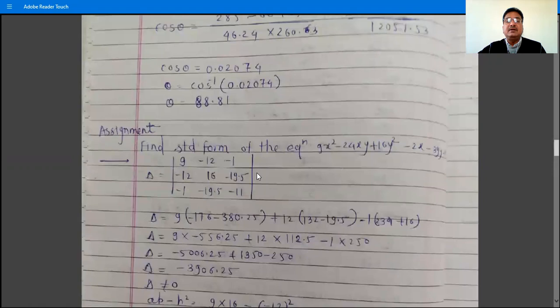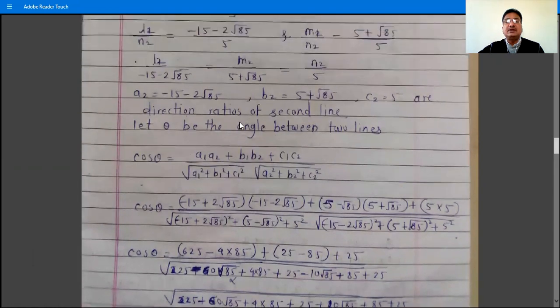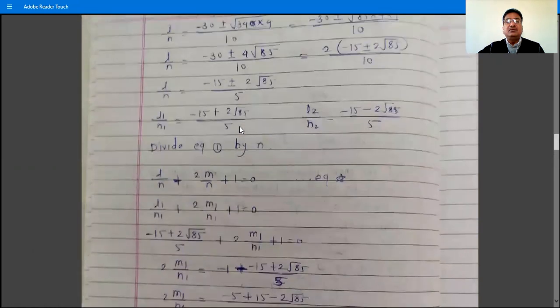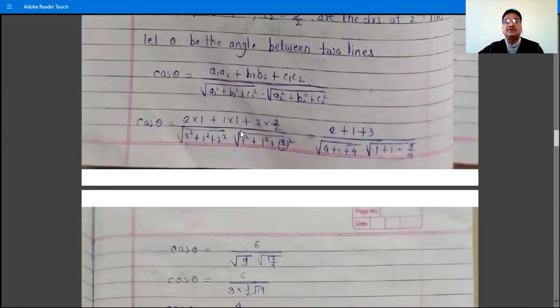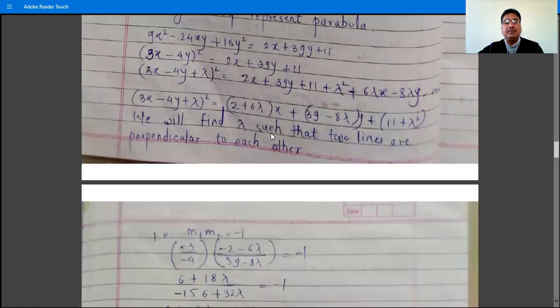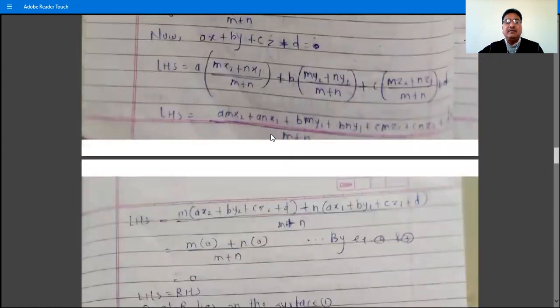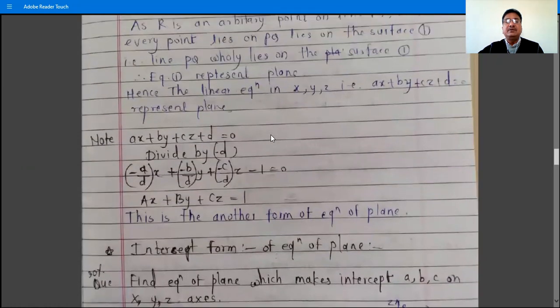And the angle in terms of direction ratios is cos theta equals a1 a2 plus b1 b2 plus c1 c2 divided by root a1 square plus b1 square plus c1 square, times root a2 square plus b2 square plus c2 square. So to find the angle between two planes, we find the angle between two normals, using the formula for the angle between two lines.